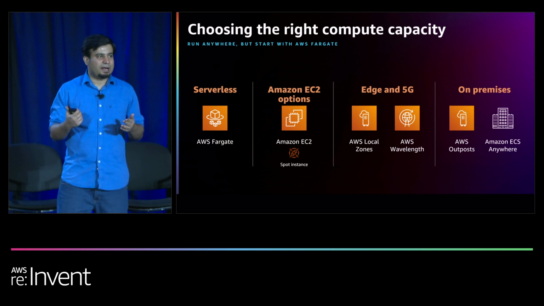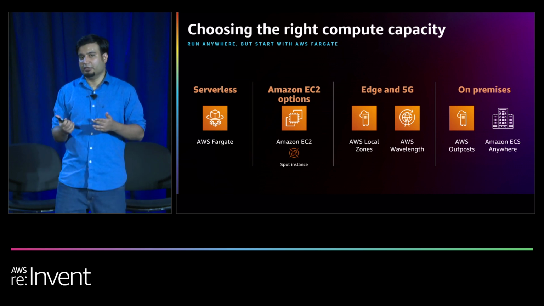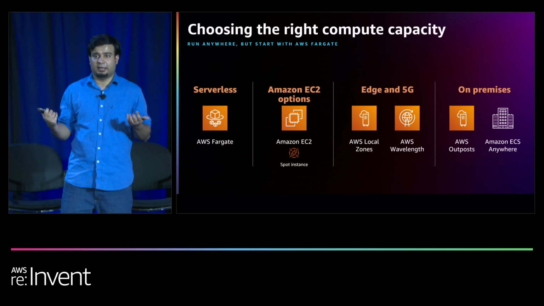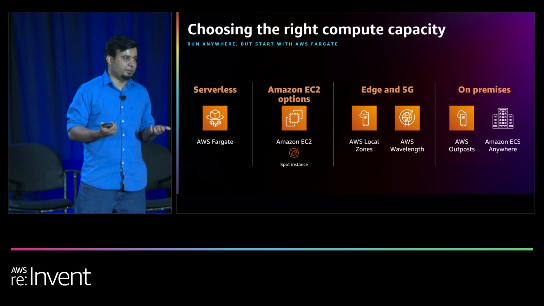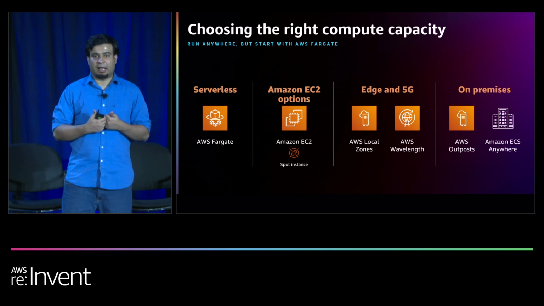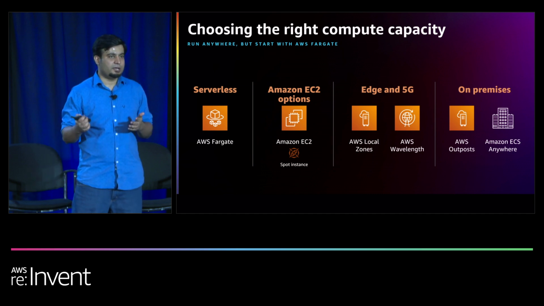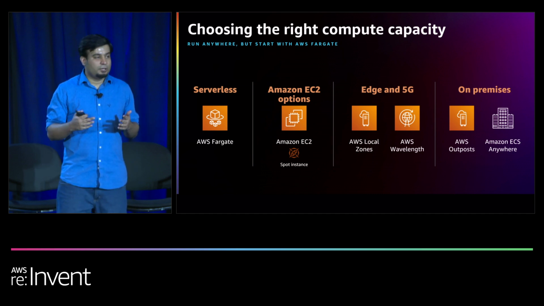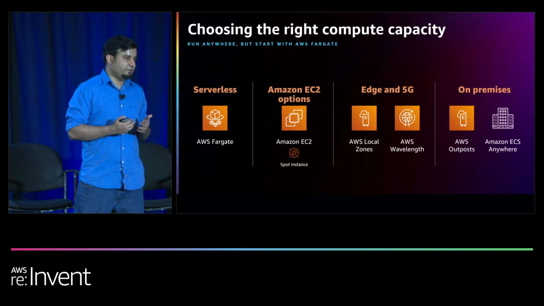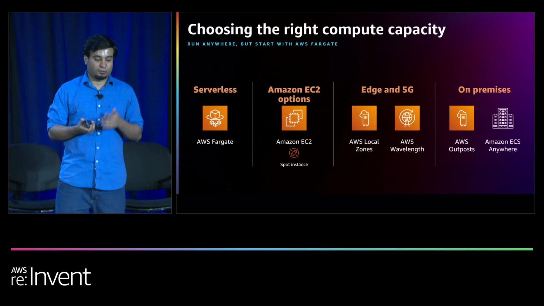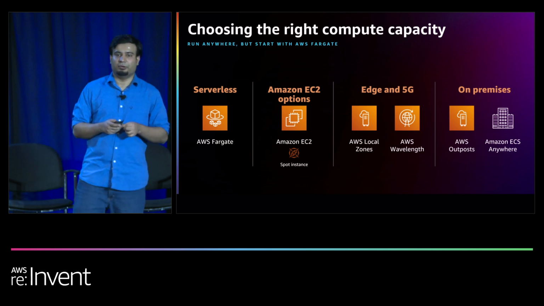Typically, unless you have some requirements of running your workloads on the edge, things like data residency requirements or very latency-sensitive applications, you would not consider on-premises or edge and 5G. The typical choice our customers are faced with is whether to use serverless or Amazon EC2 as the compute layer.